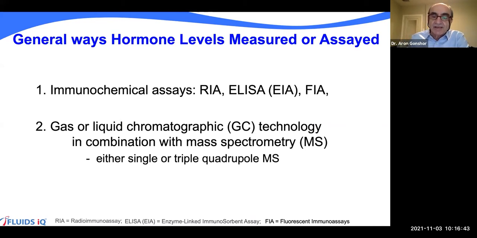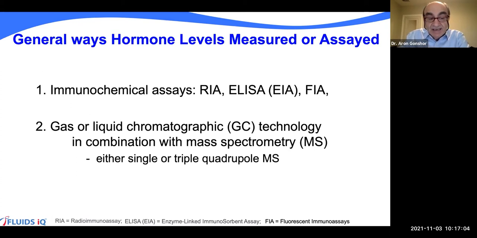ELISA is probably the most famous of them, and that's an enzyme-linked immunosorbent assay. It looks at the way in which various types of antibodies are going to react with the antigens and will give you some pretty good sensitive results.